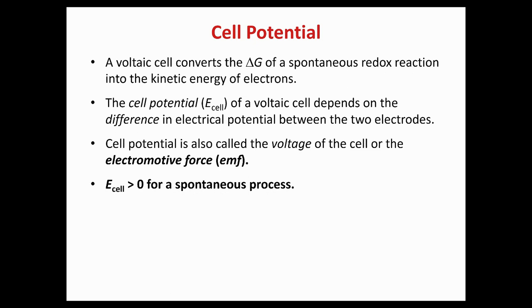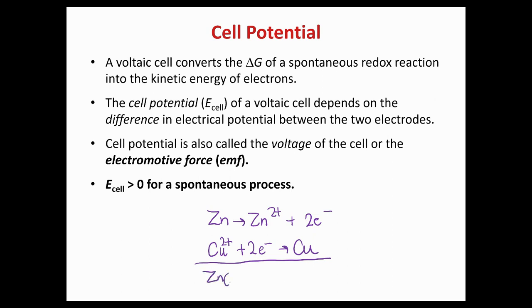Okay, now the desire, I guess you'd say, for zinc to lose electrons, and the desire for copper to gain them, to form that voltaic cell we just drew. If you need to, go back to the pretty picture of it.